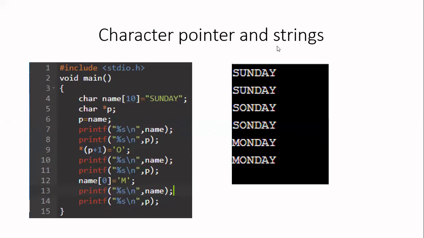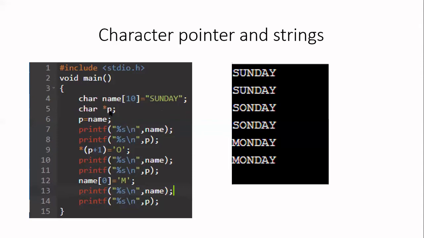If you want to access a string, you have to declare only a character pointer, because a string is a collection of characters. First I have a string name which has the value Sunday. Now I want to access this string with the help of a pointer variable. Since this is stored in a character array, I am going to declare a character pointer, char *p.